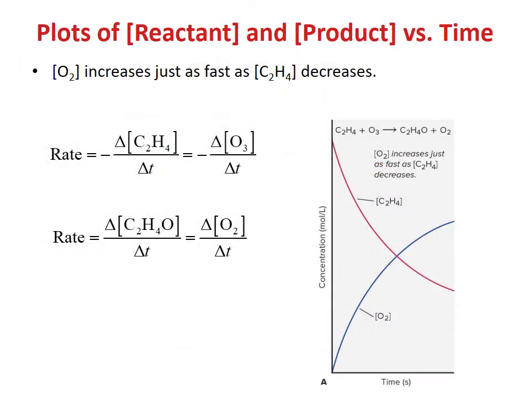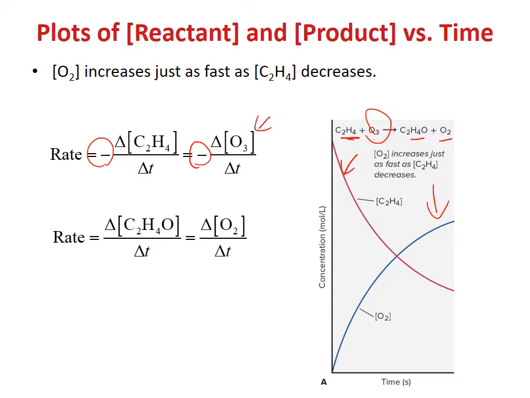In the last slide, we showed that ozone concentration decreases with time. Similarly, the other reactant, C2H4, also decreases with time. The products, on the other hand, increase with time, because with time, reactants are consumed and products are formed. When we write a reaction rate, for the reactants we have a negative sign in front of it, because the change is negative.